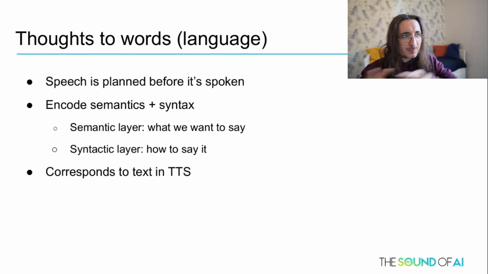And that basically corresponds to what text does in text-to-speech. So we start from this semantic layer and syntactic layer, and that's basically a given at this point, unless we are using LLMs for some reasoning to come up with the text. In text-to-speech and voice cloning, most of the time we assume that we already have the level of language, the text is there, we just need to actually articulate that text in sound.